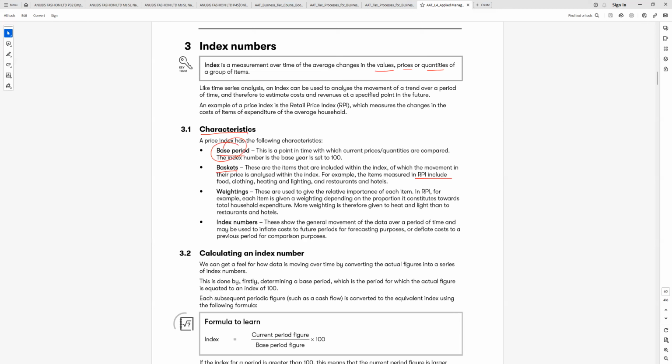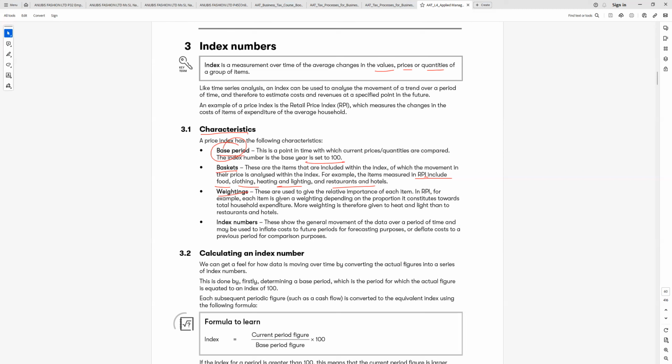Normally the base period is always set to 100. The basket shows all these things. For example, RPI represents food, clothing, heating, restaurants. Now it is not necessarily relevant to every organization, but RPI represents everything, even the beans, even the fruits, everything together. It's like the average increase or decrease of inflation. For example, when you see inflation is increasing, that means RPI is increasing.